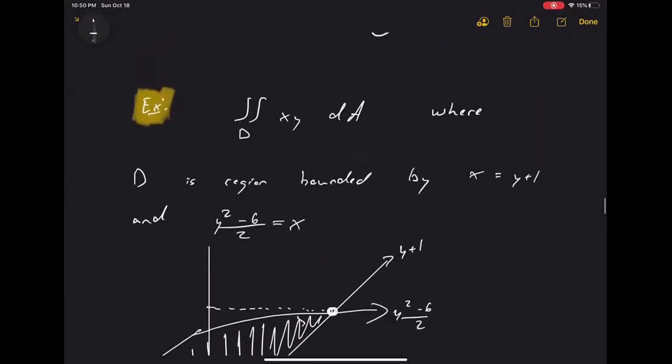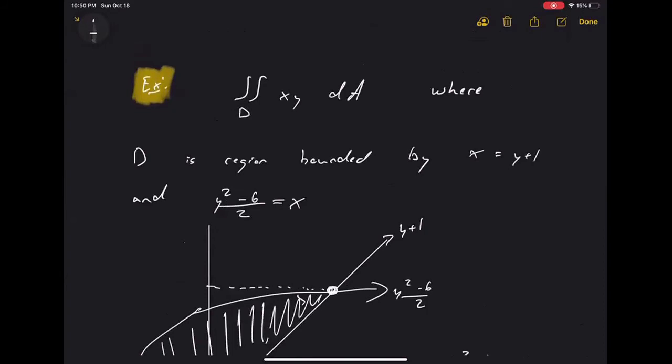And this is an example in the book. Let's point out the example. Looks like example 3. And let's see if I've done everything right. I believe so.